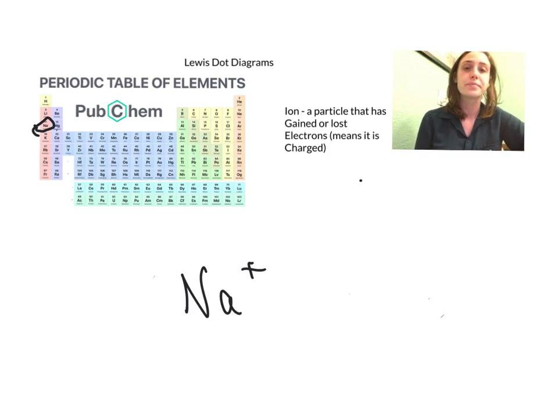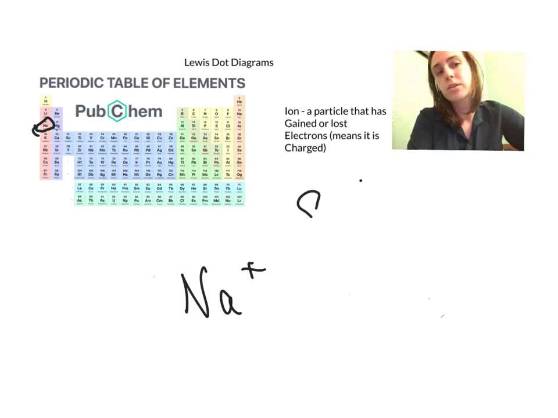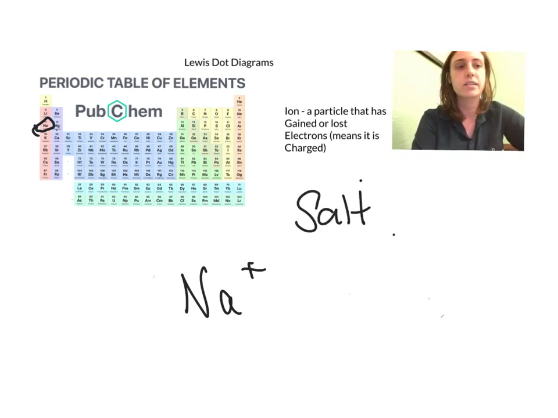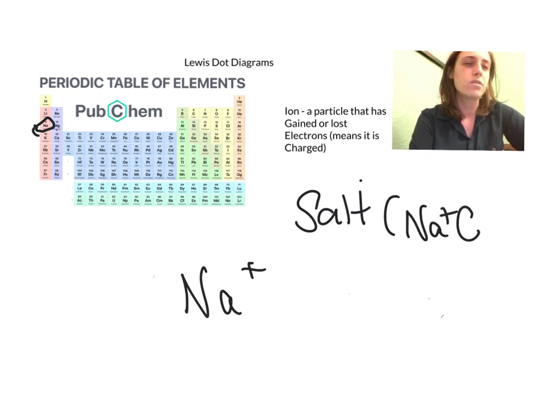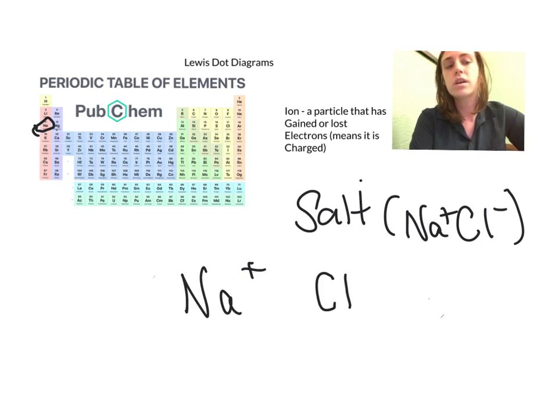Okay, so then how would we draw salt? Remember, table salt that you guys eat on your food is going to be sodium plus and chlorine minus. So if we were to draw that, we would actually put two of those Lewis dot diagrams together. Chlorine normally has 7, so 1, 2, 3, 4, 5, 6, 7.